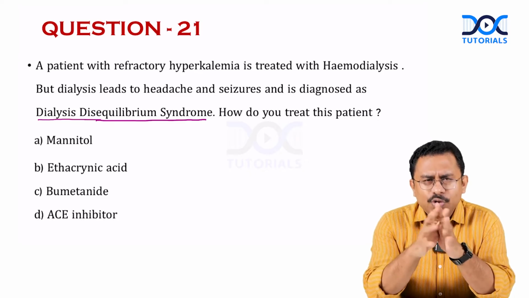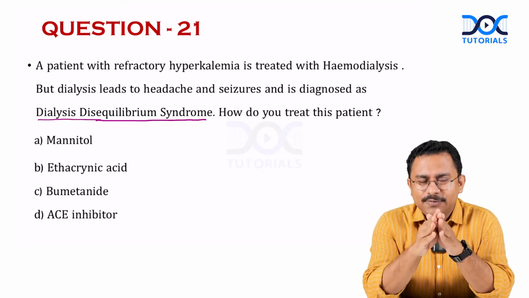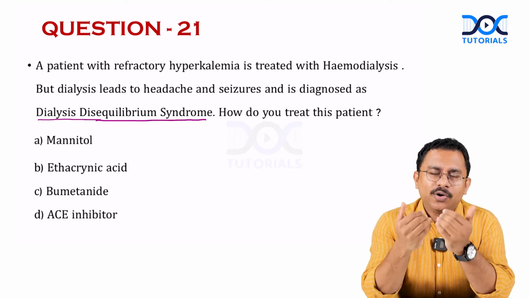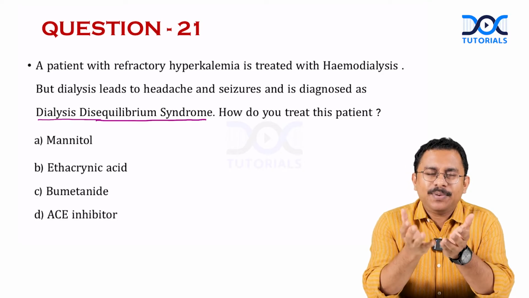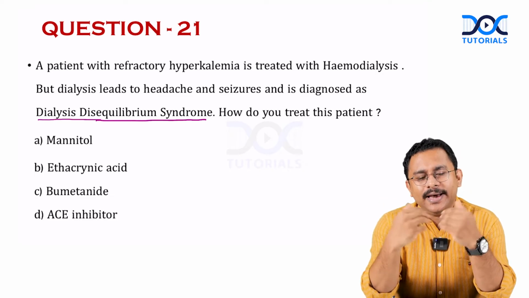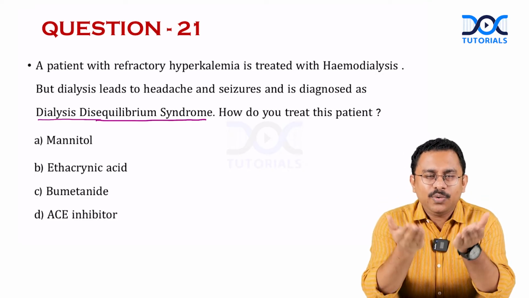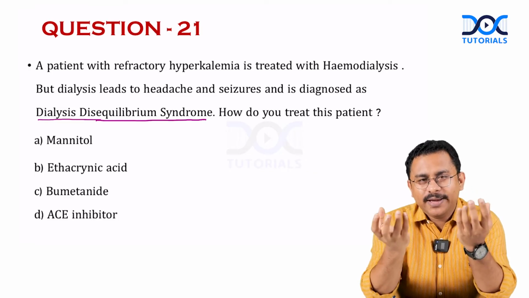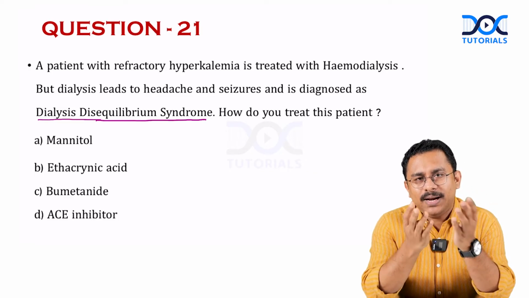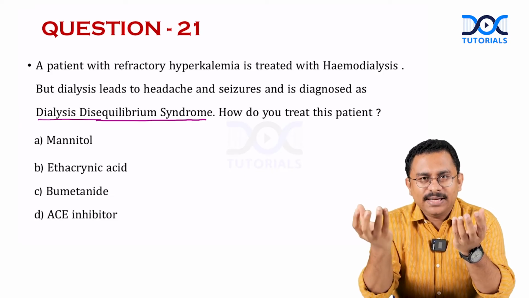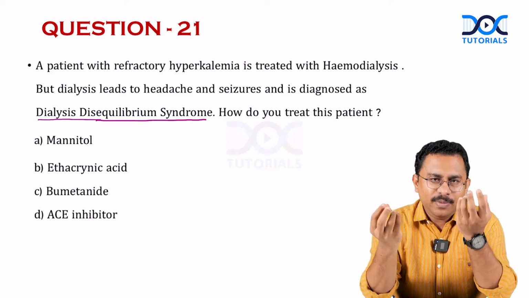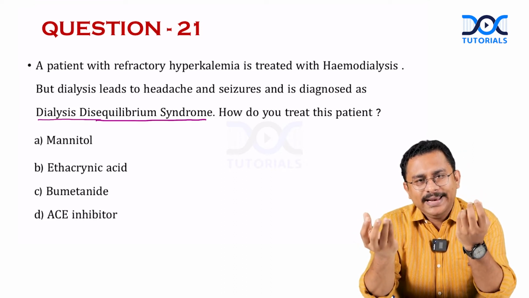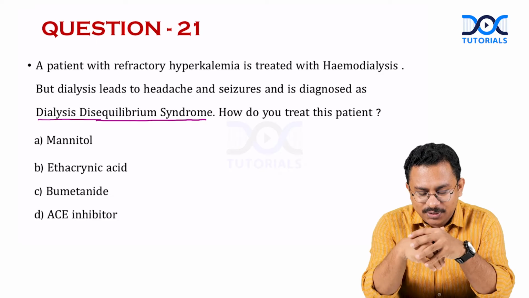It usually happens in patients taking dialysis for the first time, but can sometimes also happen in patients on routine dialysis when they skip some dialysis sessions, and because of that the blood urea and creatinine are very high, so there is a significant concentration gradient between the blood of the patient and the dialysate fluid. The blood of the patient will have so many nitrogenous waste products compared to the dialysate fluid, so much of a shift will actually happen.